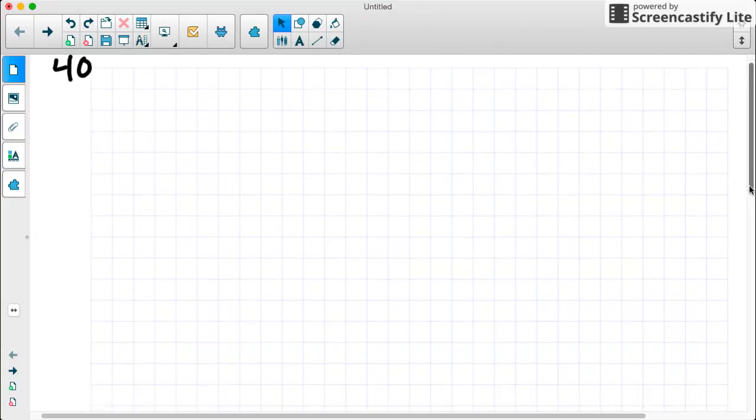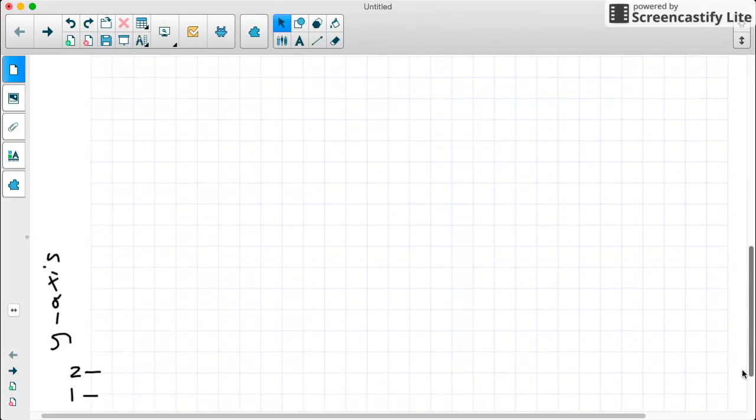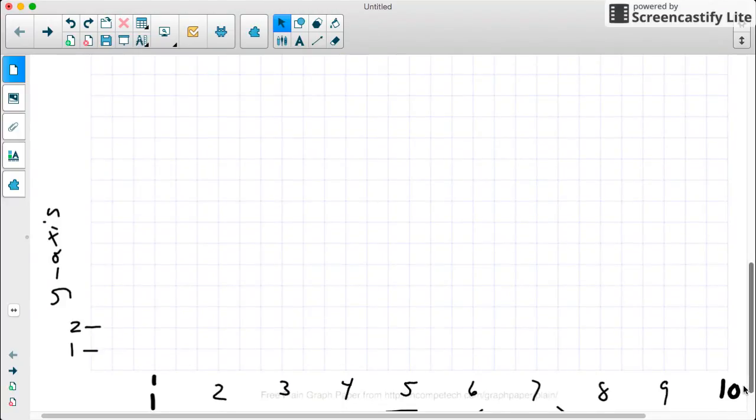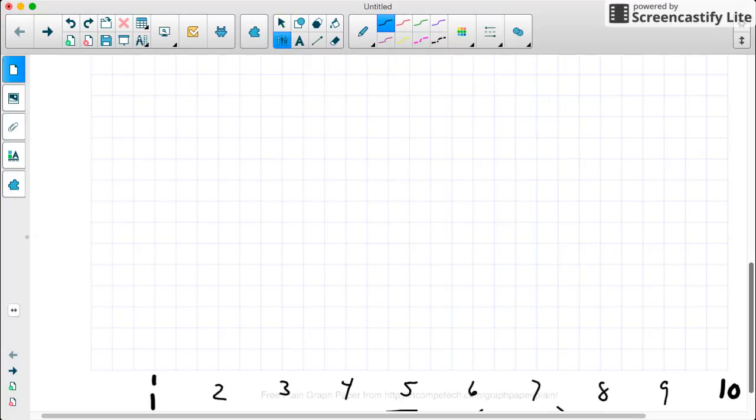So when you're on the smart board, it's going to be a little bit messier. We're going to go ahead and clean this up, and we can go ahead and set our scale for that. So if this was 0, we'd go 1, 2. This would be 1 deer. 1, 2.